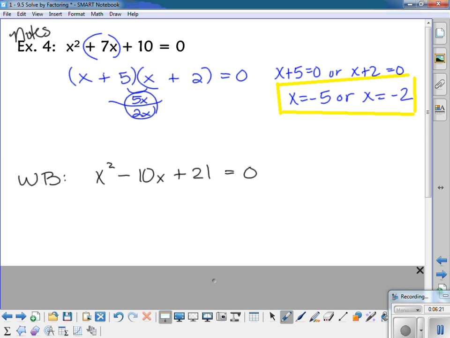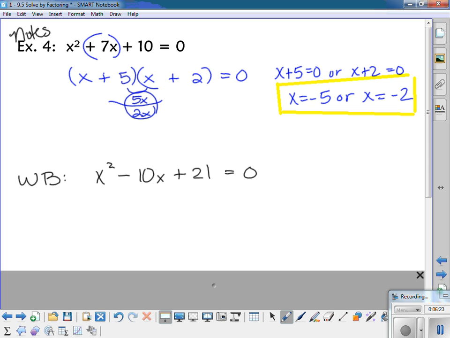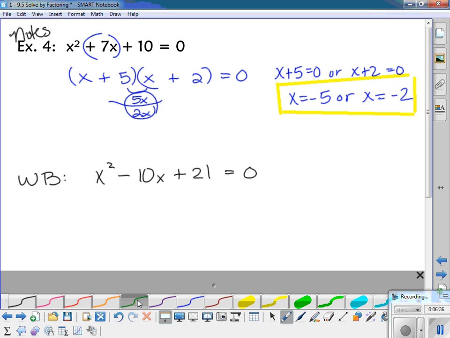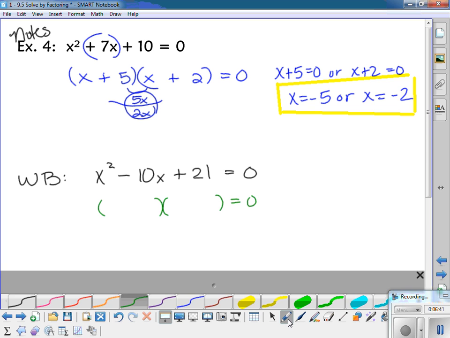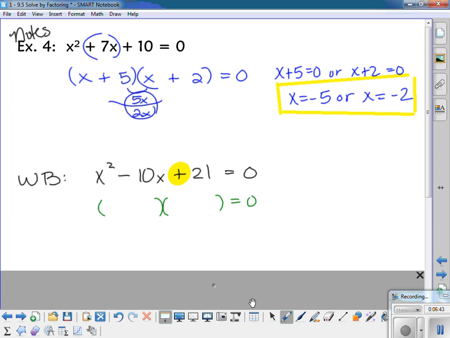Alrighty, there's one for your whiteboards. Okay, so the first step is you need to factor it. So some of you are doing that. But you need to be careful with those signs. Notice that it's multiplying to a positive, but adding up to a negative. So what's that mean about the signs?